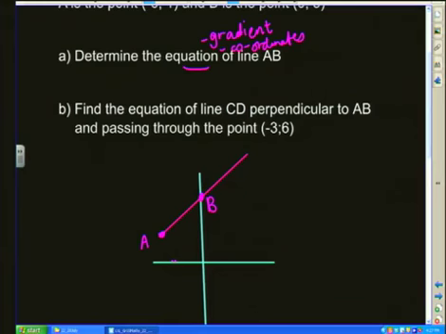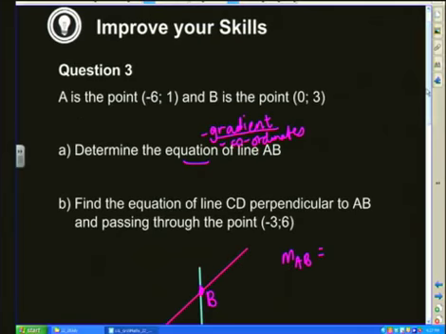You've got 2 points here, point A and point B. Therefore, we can work out the gradient using our gradient formula. So I can say the gradient of AB is going to be y2 minus y1, so 3 minus 1, all over x2 minus x1.